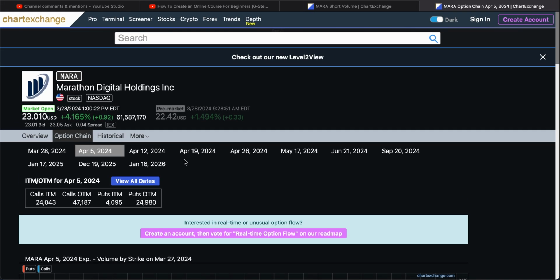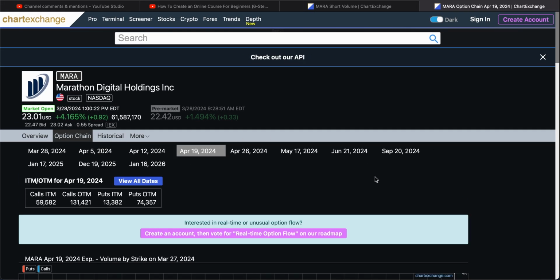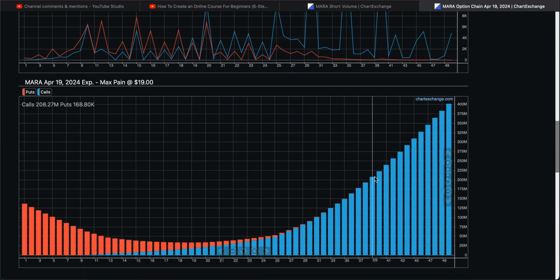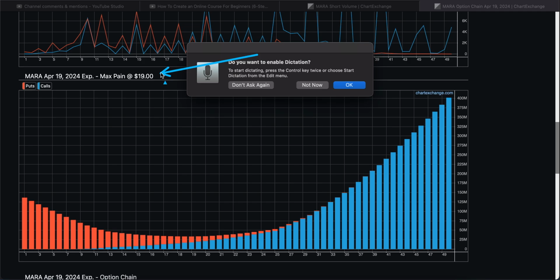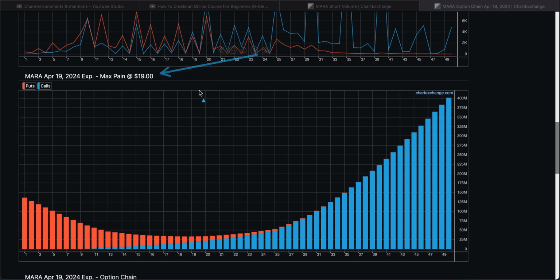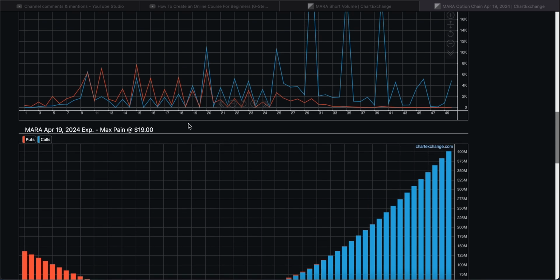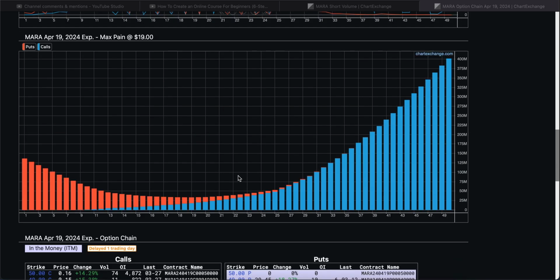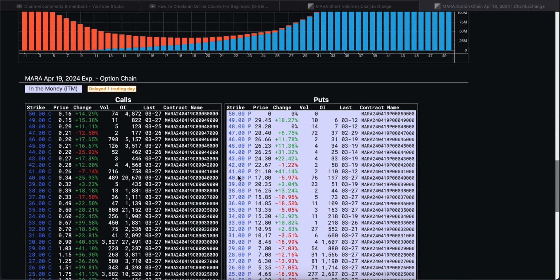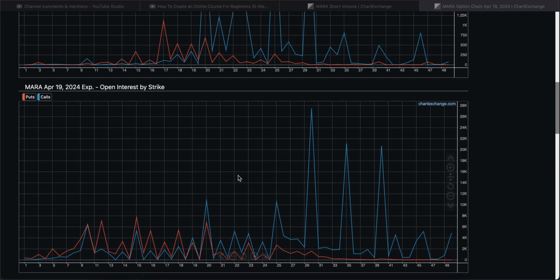I know the halving is not until April 16th, 19th, but this is maximum pain for the halving, and a lot of people anticipate that the stock could run up into this event. But it doesn't matter what kind of event is coming up, the stock will still trade from one supply to another supply, and options also play a key role.